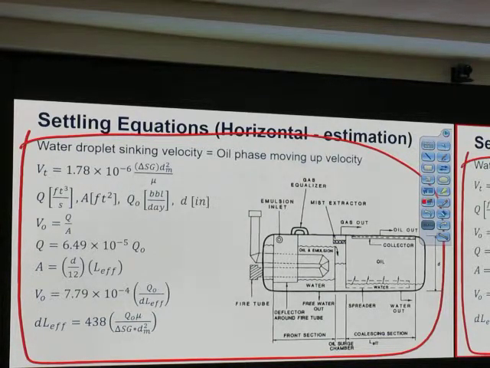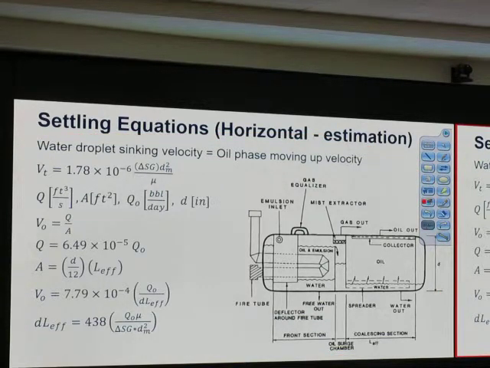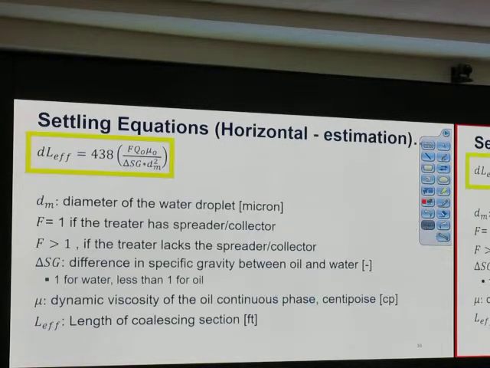Okay, so the size that we need for the line heater is basically based on the settling volume, okay, retention time of the emulsion. Alright, so for a horizontal line heater, that is the equation used for the approximation. Okay.